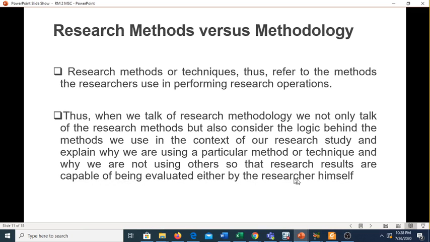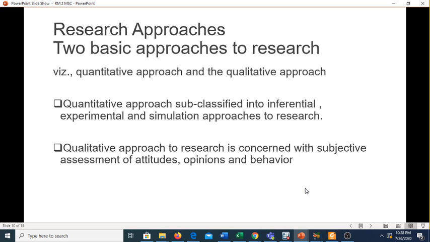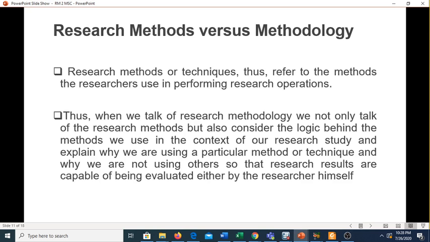Okay, let's continue from where we were discussing the differences between the different approaches used in research. Last time I was discussing research methods versus research methodology.